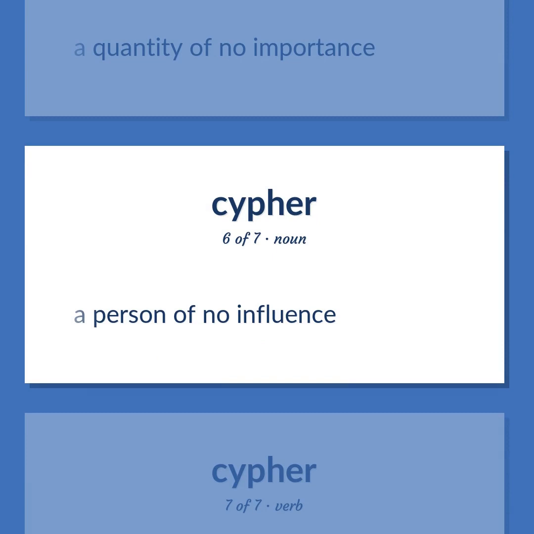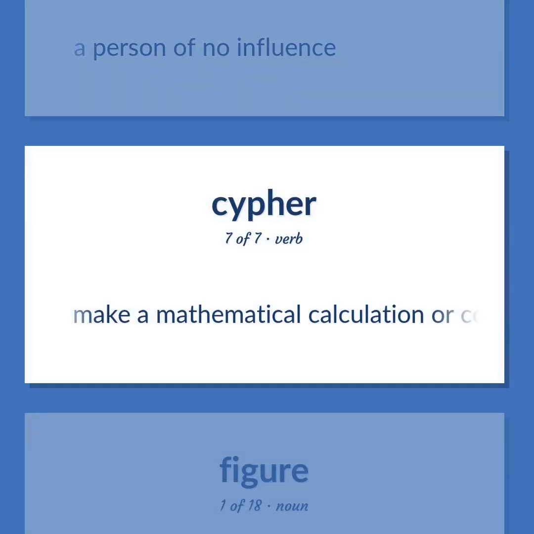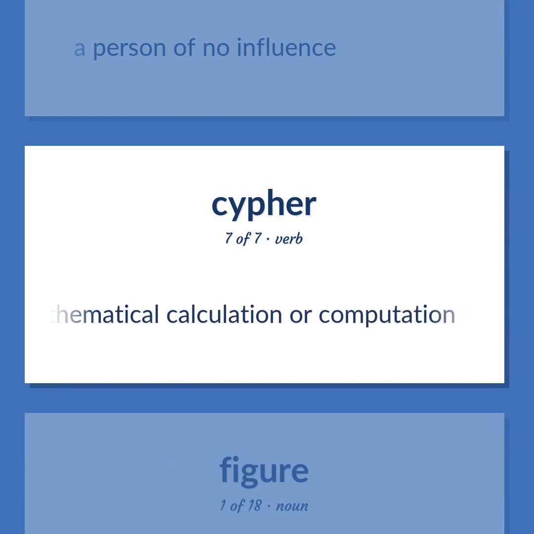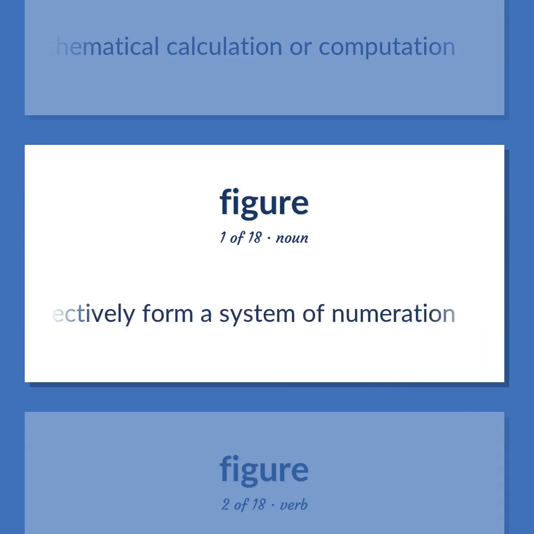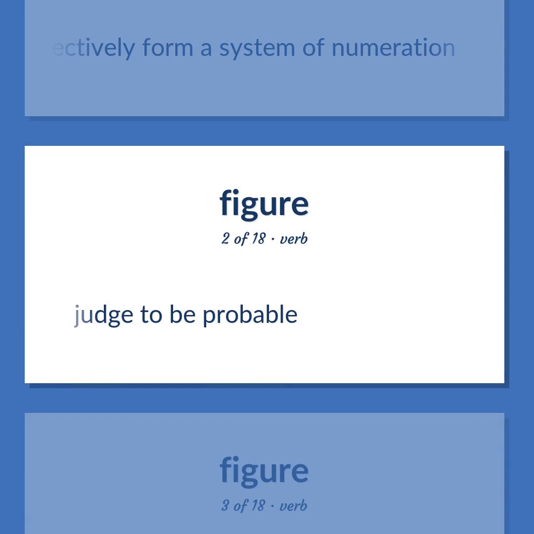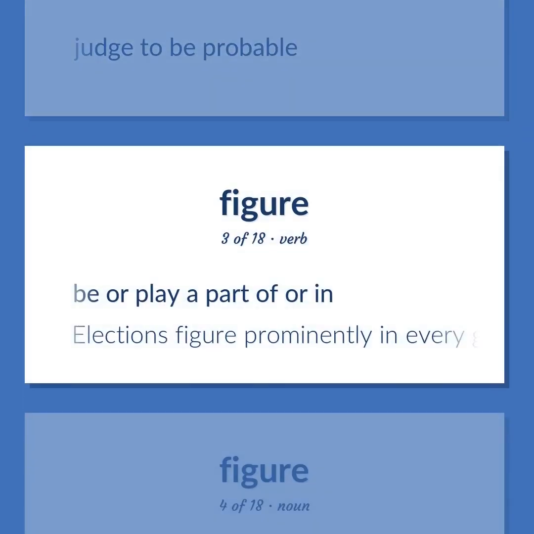A person of no influence. Make a mathematical calculation or computation. One of the elements that collectively form a system of numeration. Judge to be probable. Be or play a part of or in. Elections figure prominently in every government program.